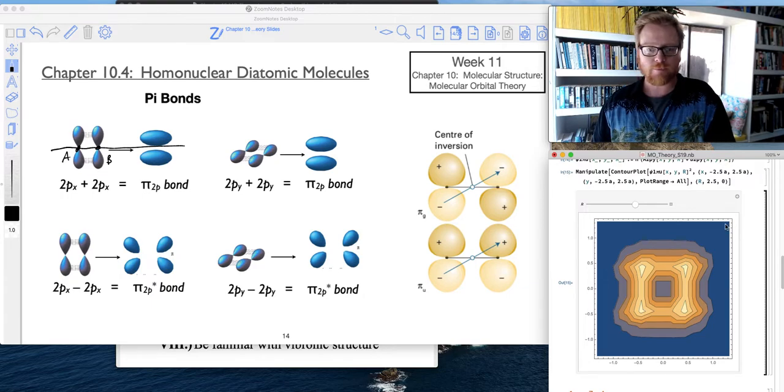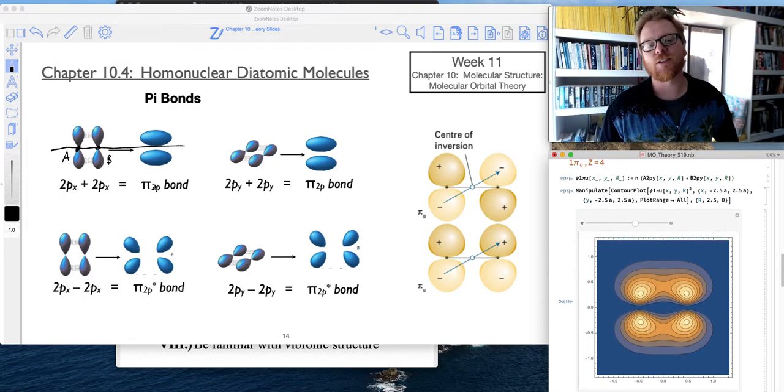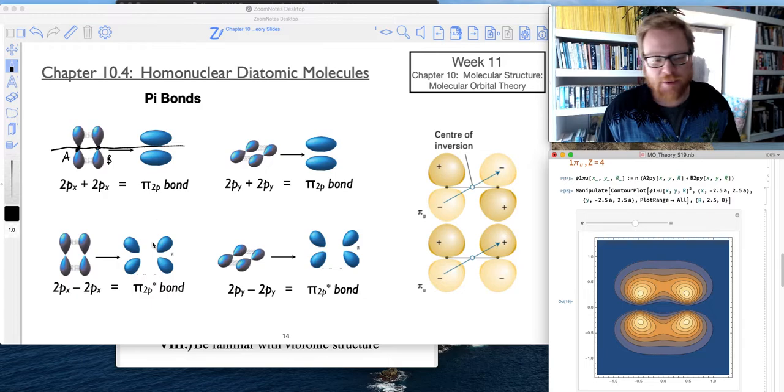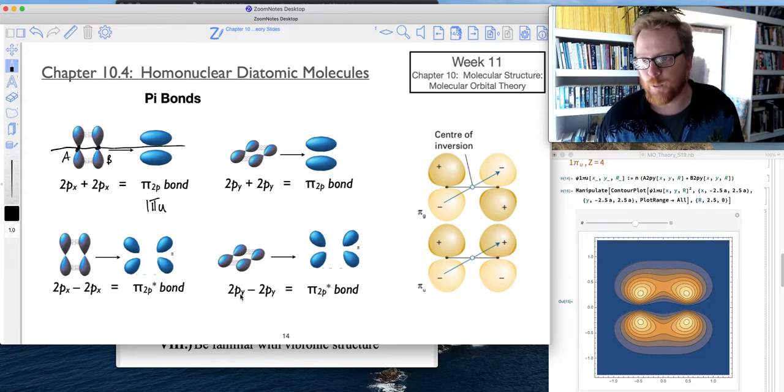Okay. Yep. So there it is. Lovely. All right. And so we're going to call this pi 2p in the Gen Chem days. But as I'm going to show you here in a moment, this is technically the 1 pi u.